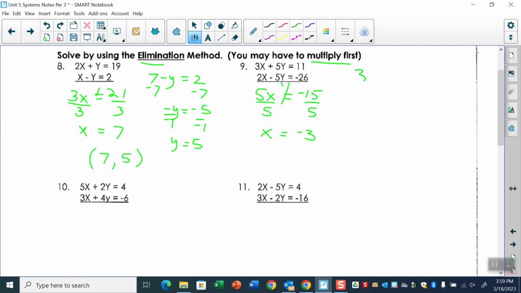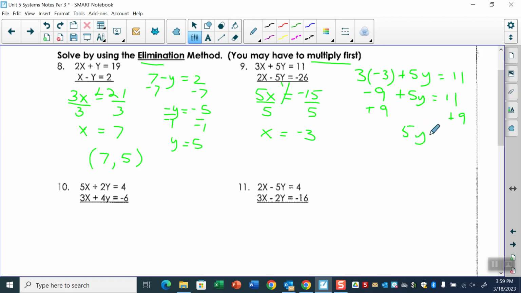So I could say 3 times negative 3 for my x plus 5y equals 11. 3 times negative 3 is negative 9, and then I would add 9 to both sides.